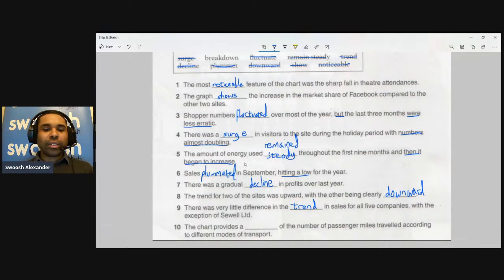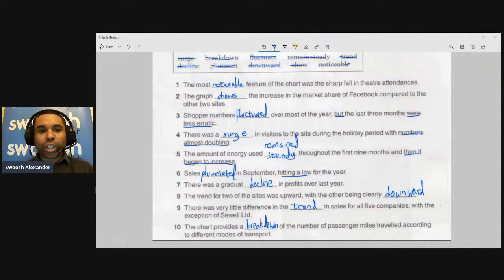And so finally then, the chart provides the answer must be breakdown of the number of passenger miles traveled according to different modes of transport. Okay. So if something provides a breakdown of something, it provides specific details relating to that particular thing, that particular topic.